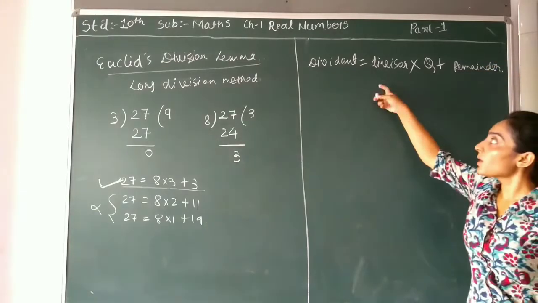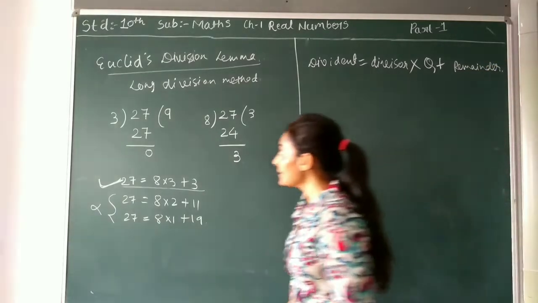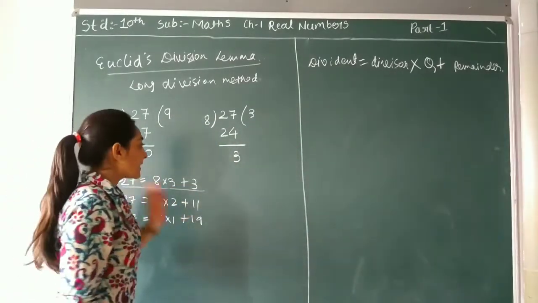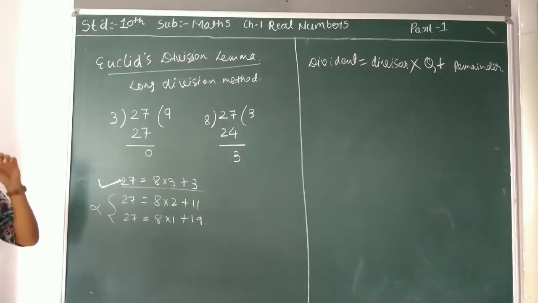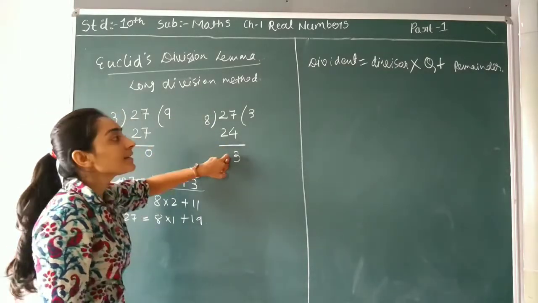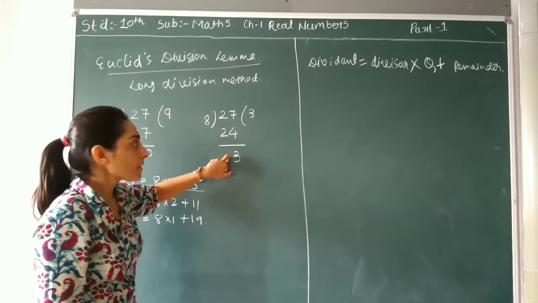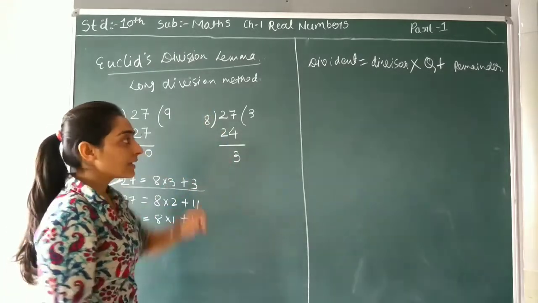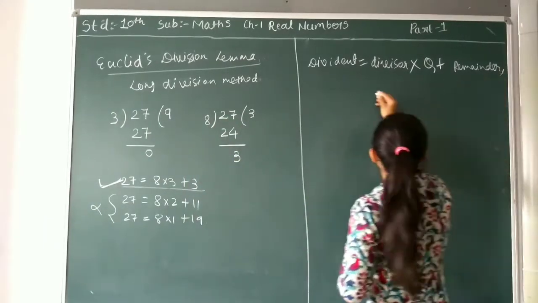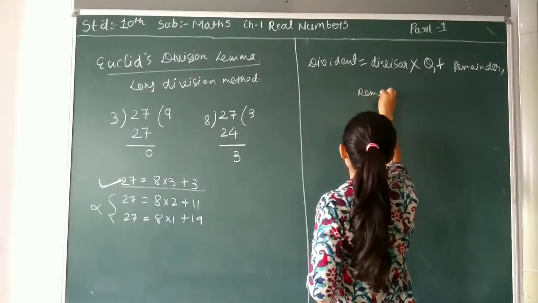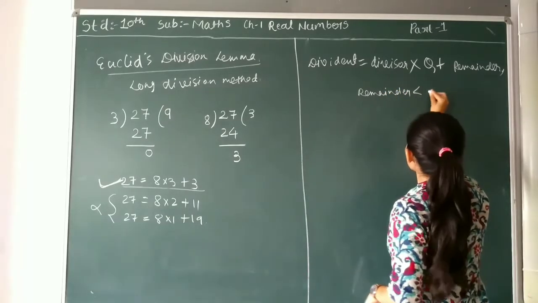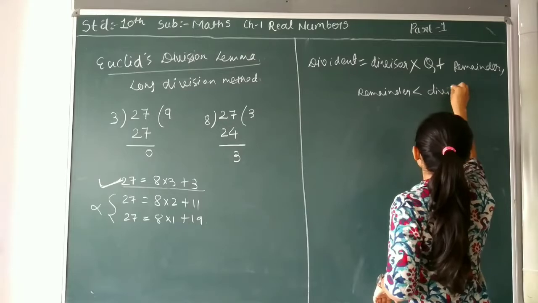So this is the only way we can write this division. The second thing you will observe is that my divisor is greater than the remainder. We can say that the remainder is always less than the divisor.